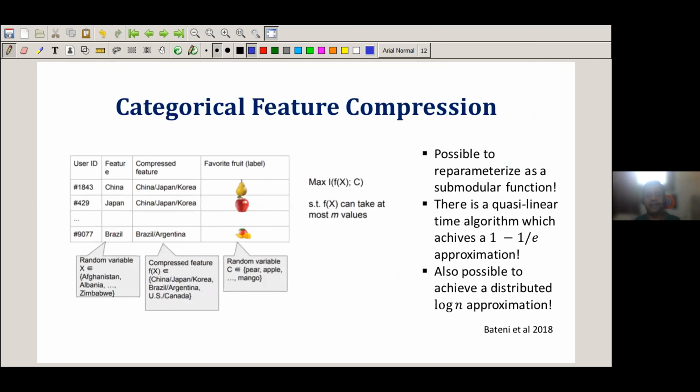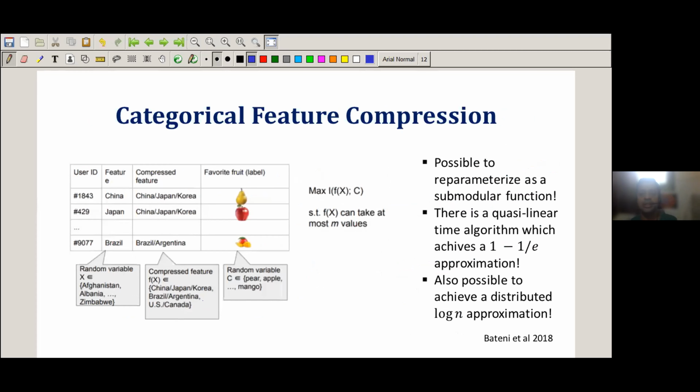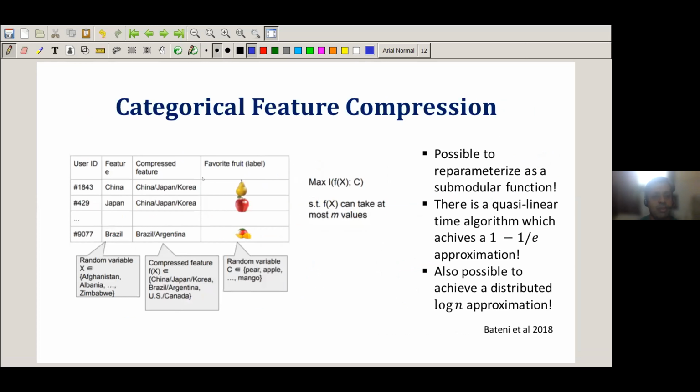Okay, and then the final one we come to is categorical feature compression. So imagine that a certain user ID has certain features, but you can compress, like you can bring together features corresponding to, say, different geographic regions. The model could do that.